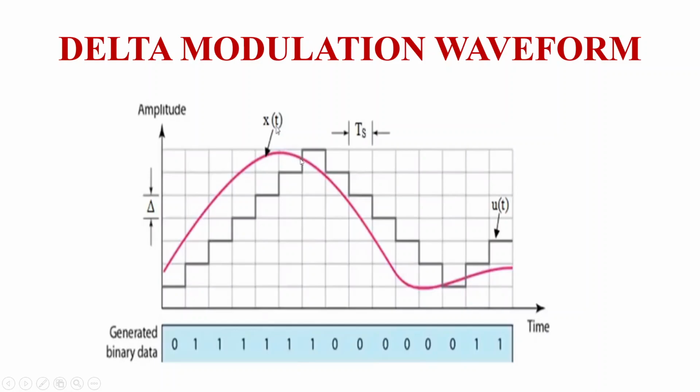At this point the original value is less than the staircase value, so the staircase is reduced by minus delta and 0 is transmitted. Here the staircase value is greater than the original signal, so it is reduced by minus delta and bit 0 is transmitted. So this is the working principle, and how bit 1 or bit 0 is transmitted in delta modulation.